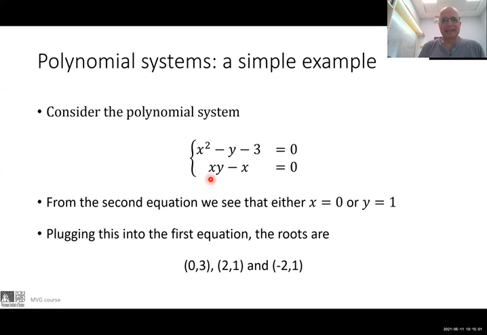And that implies that either x equals 0 or y equals 1. If you plug x equals 0 into the first equation, then you get that y is equal to 3. If you plug in y equals 1, then you have a quadratic equation, x squared equals 4, and so x is either 2 or minus 2. And we got 3 solutions in this case.